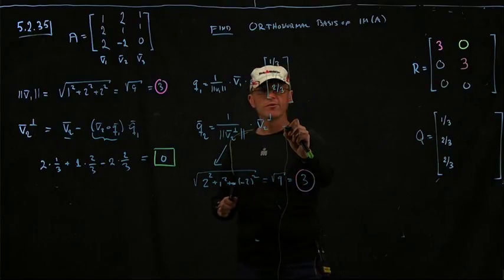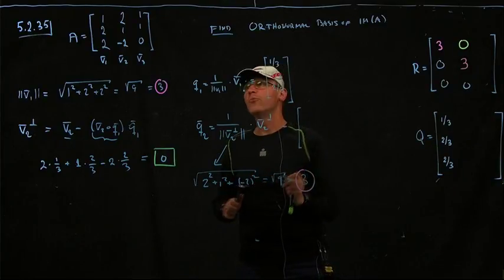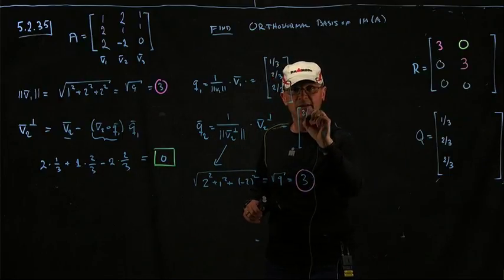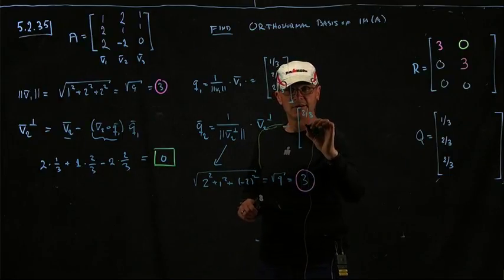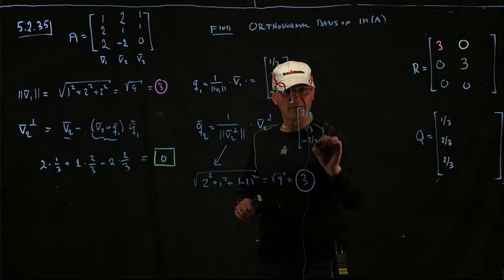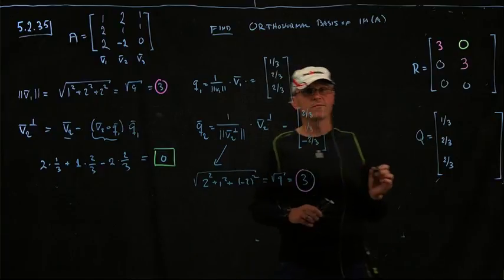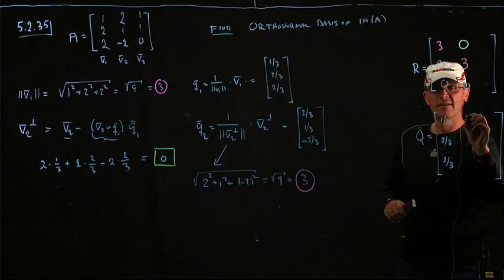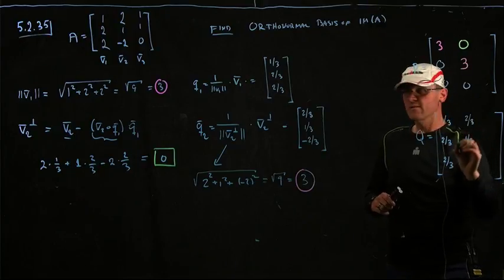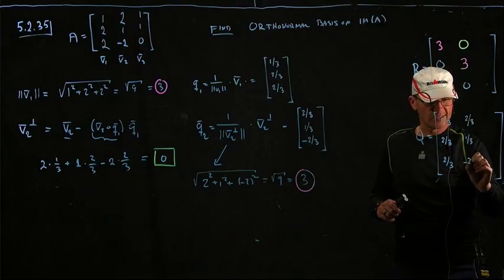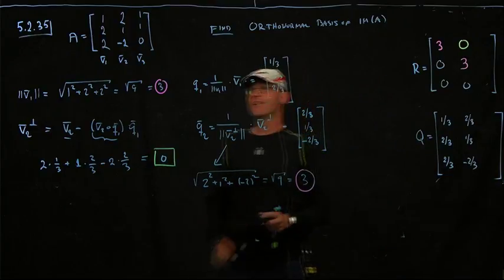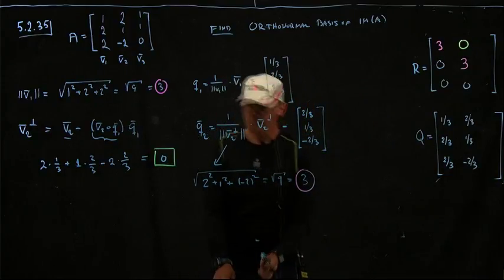And Q2 becomes V2 divided by 3: 2/3, 1/3, and negative 2/3. So far so good. We're starting to feel pretty good about this. The more we practice, the better we get at it. The process is always the same.